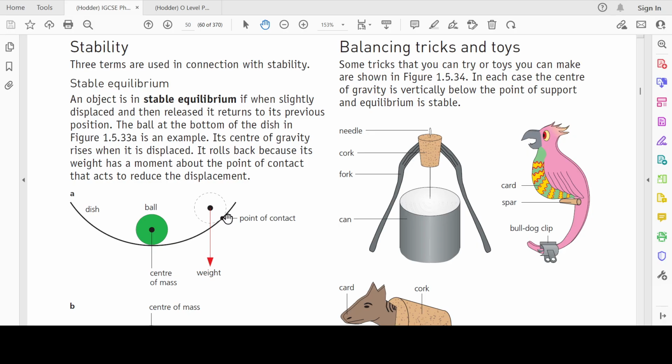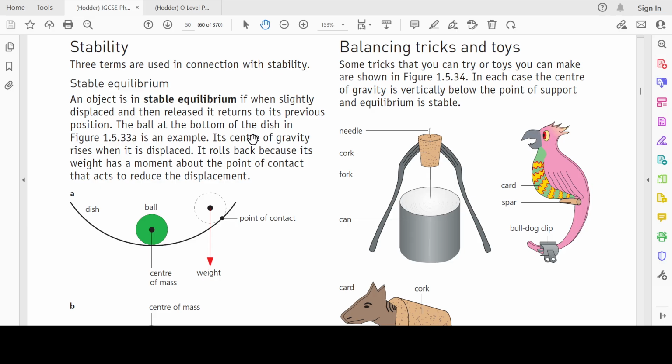Now, right, the center of gravity is now lying outside the point of contact, meaning its base, right? And in this case, its center of gravity rises. So compared to its original position, the center of gravity is now higher, right?